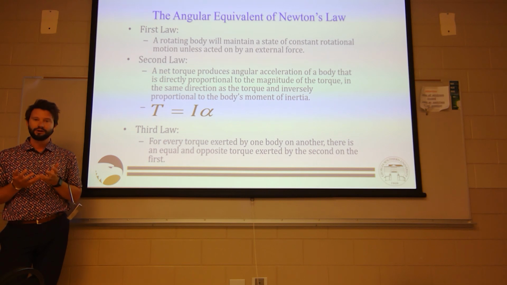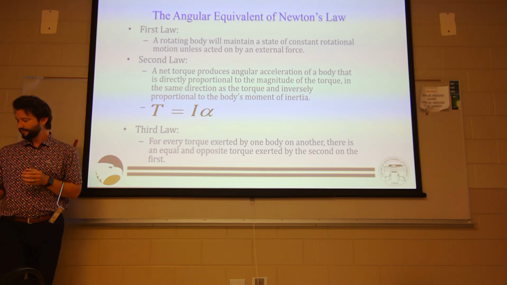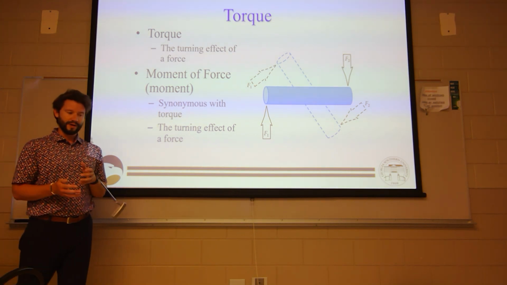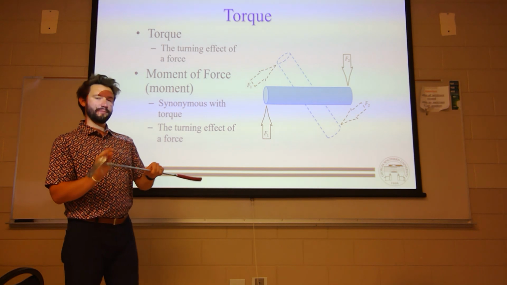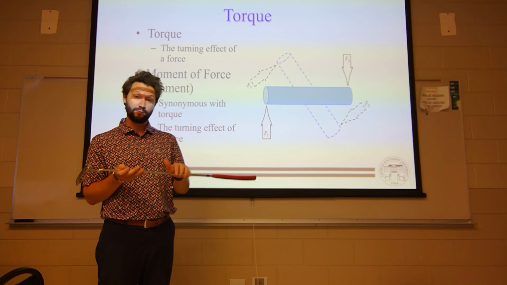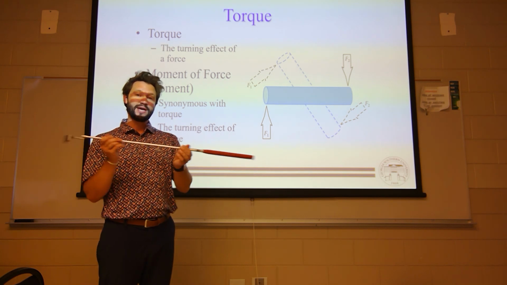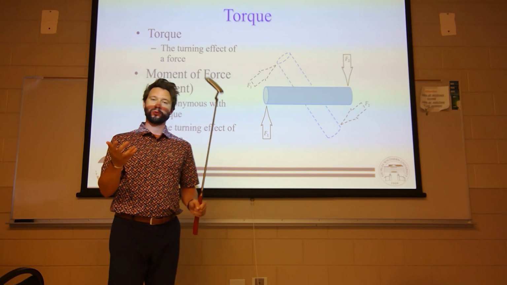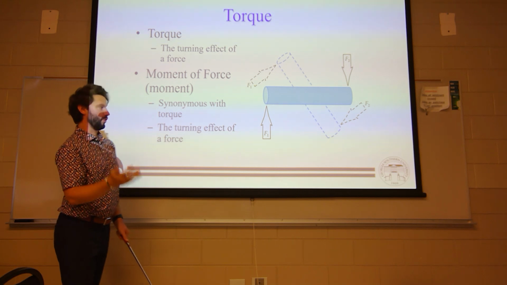So an angular force. And so with torque or a moment, we're talking about when you apply that push or pull on an object that we talked about before, a linear force, what type of rotation is it actually going to cause to an object? That's what we're talking about with torque.